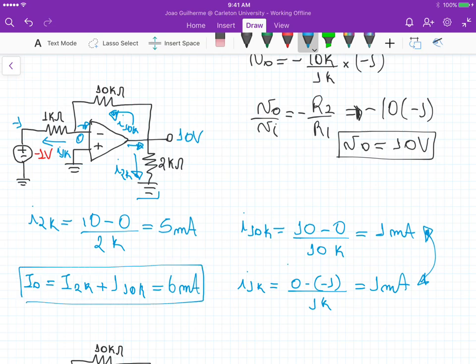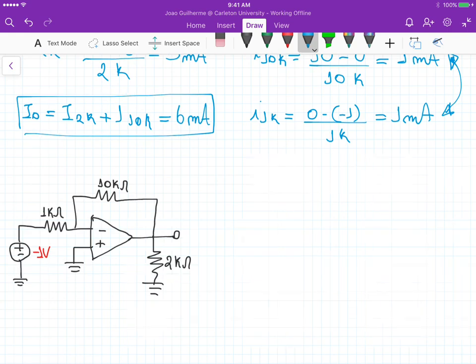Now the question is, where does this 6 milliamps come from? We have 1 milliamp here, 1 milliamp here, and 5 milliamps here. So this is coming from inside the op amp, but from where? If you remember, the op amp doesn't have just these terminals that we have drawn here.